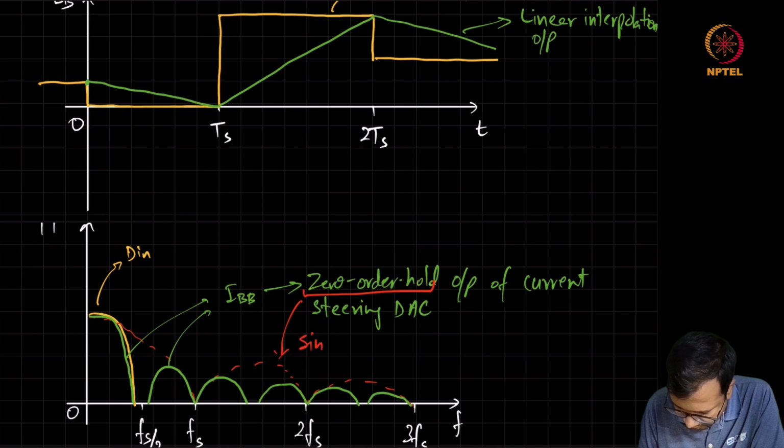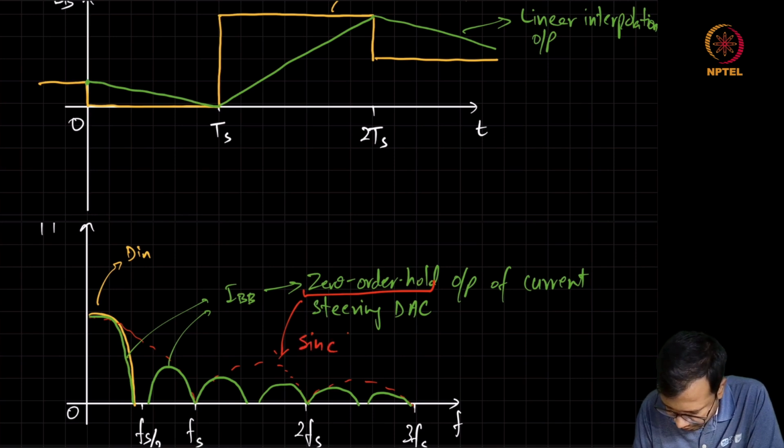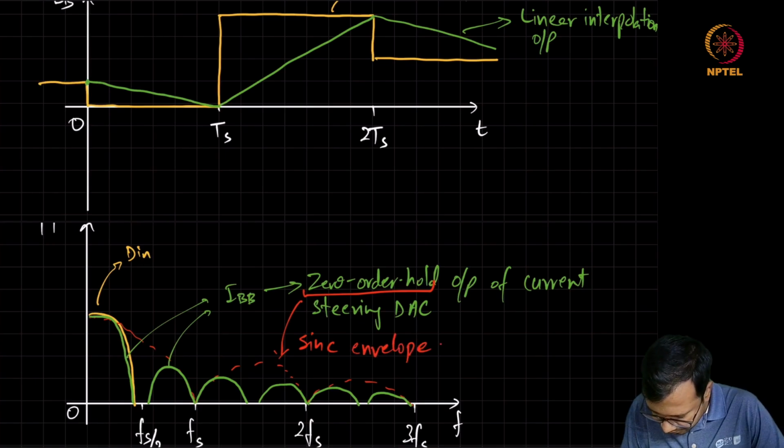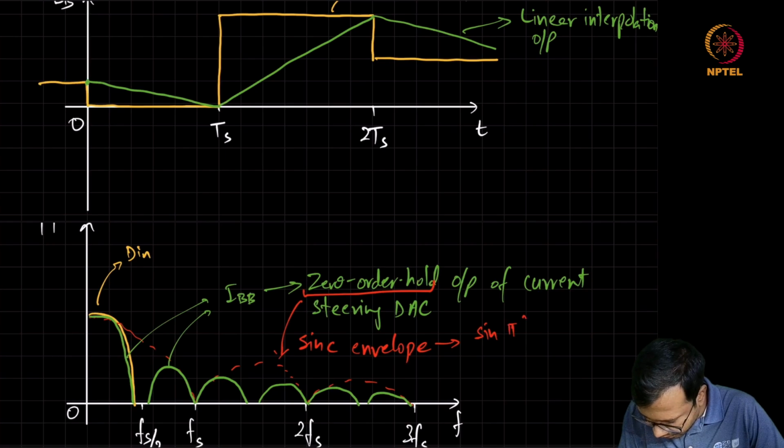This is sync envelope. So this sync envelope will have the frequency response as sine pi f by fs divided by pi f by fs.